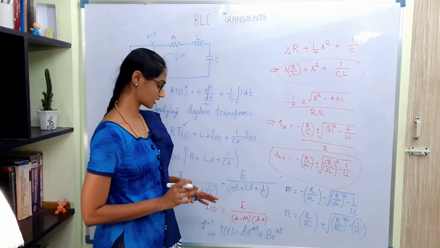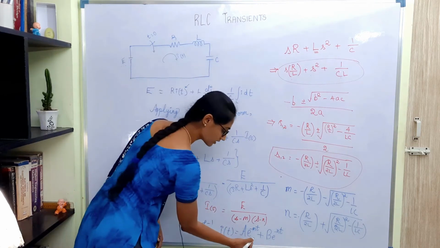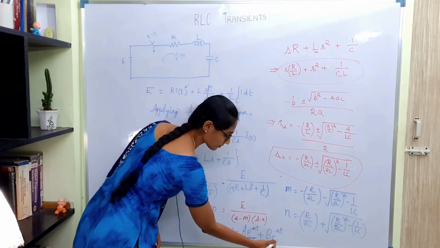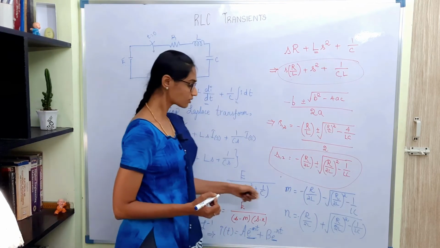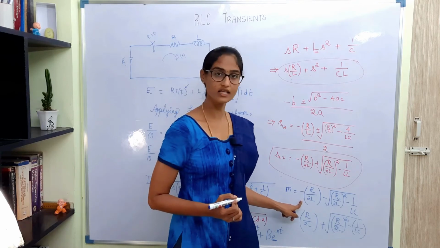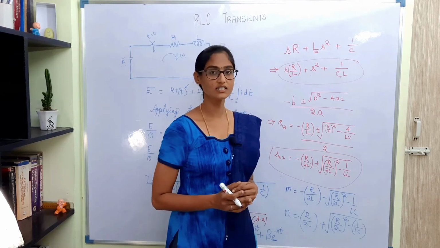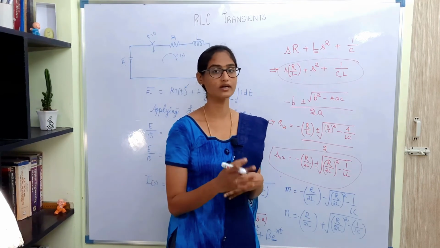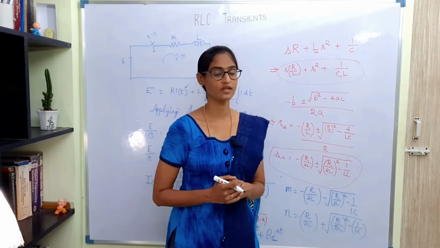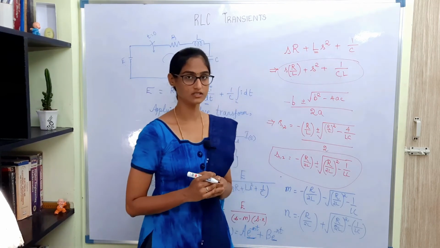We will worry about that later, but we will first focus on this e to the power term. Based on the values of R, L and C, the circuit can be underdamped, overdamped or critically damped. I will explain each one of the cases.